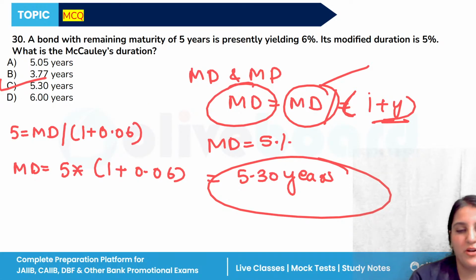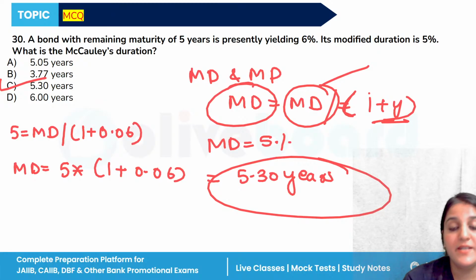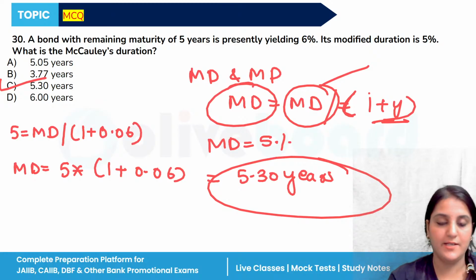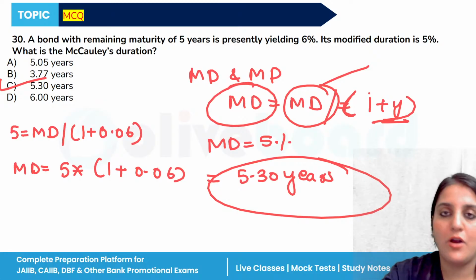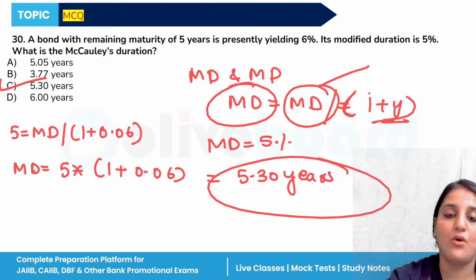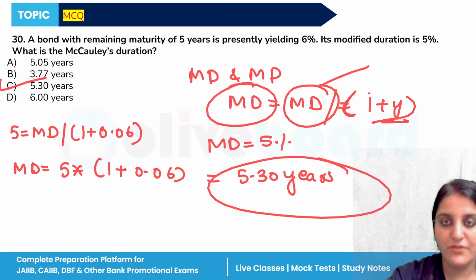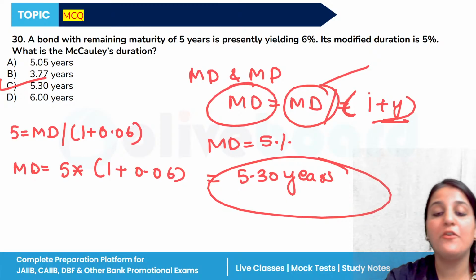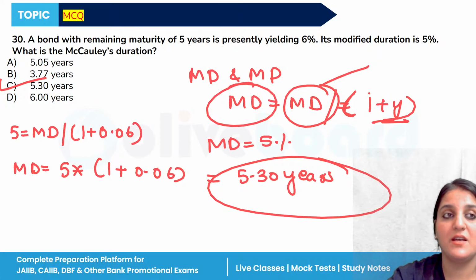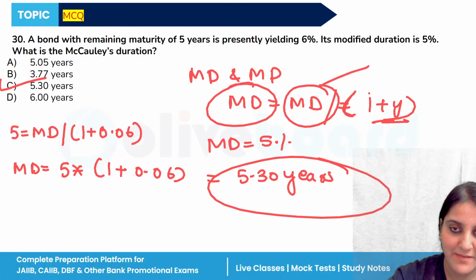And if we talk about the modified duration, it is the measure of the bond's price sensitivity to changes in the interest rate, and it indicates how the bond price will change for a given change in yield. And if we talk about the Macaulay's duration, this is a measure of the average time to receive the cash flow of a bond, and it is expressed in time such as years.